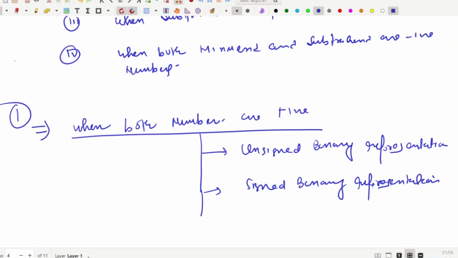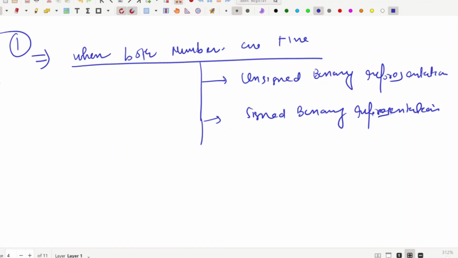In case of signed numbers, we use the concept of complements. Here we simply perform addition by using an 8-bit fixed binary format for representing a signed number, and that format is also used for representing an unsigned number.